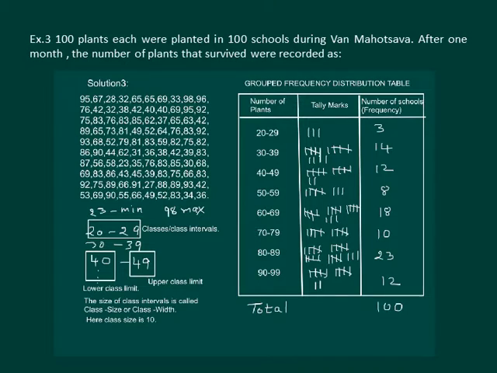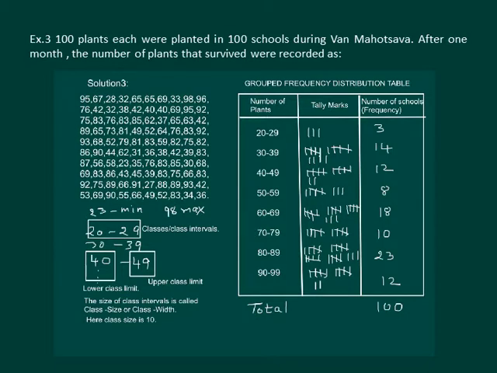Here we can easily infer that schools which have more than 50% of the plants surviving are 8 plus 18 plus 10 plus 23 plus 12, and that comes out to be around 71 schools.